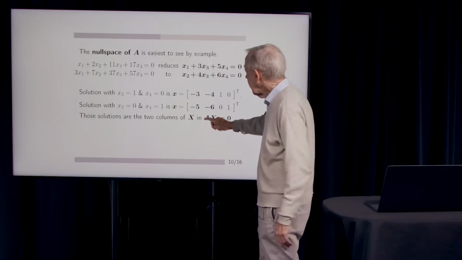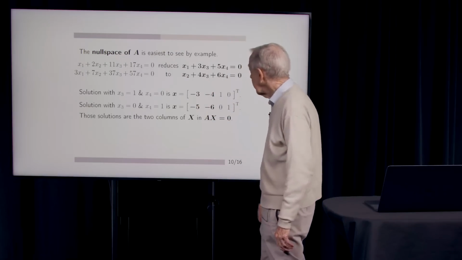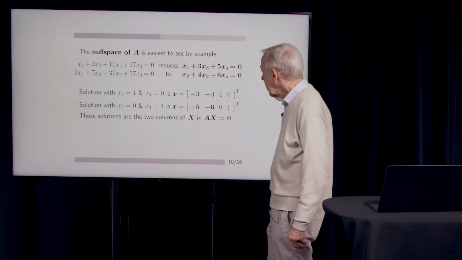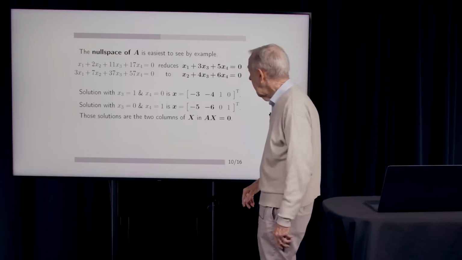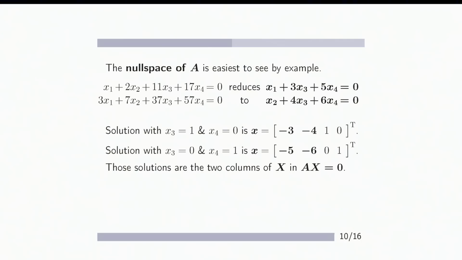So I'm looking for solutions to that. I could find a solution if I set x3 to be 1 and x4 to be 0. So x4 is 0, that's gone. x3 is 1, so x1 plus 3 equals 0, x2 plus 4 equals 0. So x1 and x2 are minus 3 and minus 4, and there's the 1 and the 0.